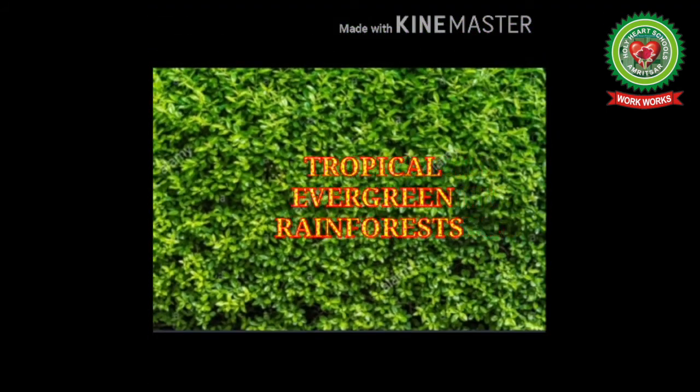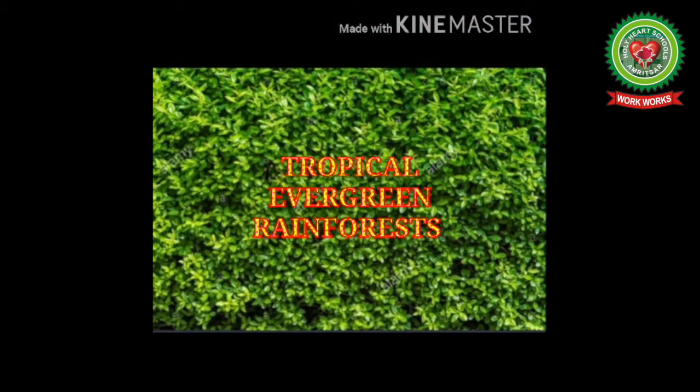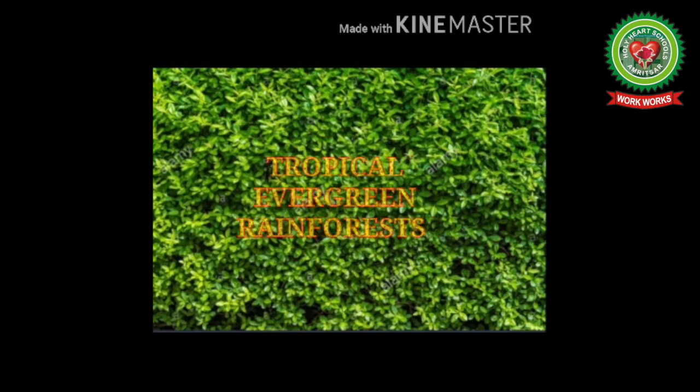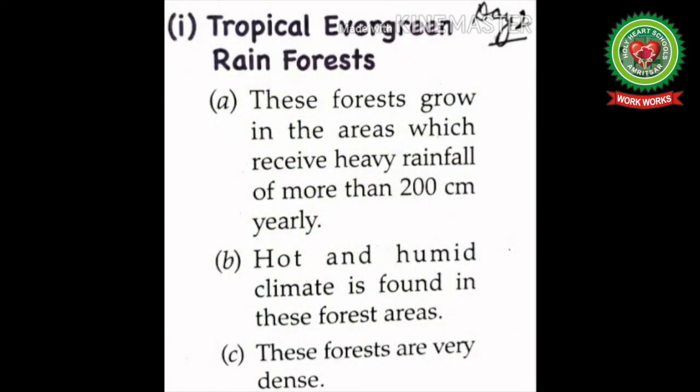The first one is tropical evergreen rainforest. Students, take out your book, open page number 113. Let's start with the book reading. Tropical evergreen rainforests. These forests grow in areas which receive heavy rainfall of more than 200 centimeters yearly.